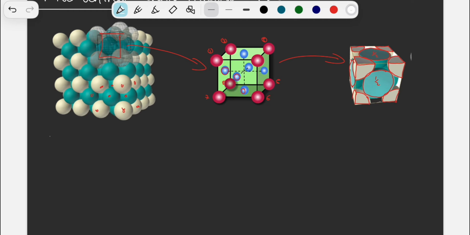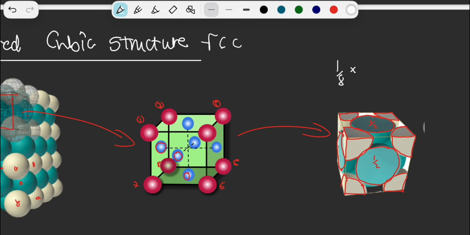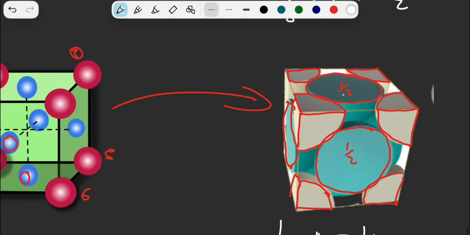Okay. So we're going to start off as per usual. I think you can basically guess where this is going. We can start off with number of atoms. Now, as usual, we have 1/8 at the top times 4, and 1/8 times 4 at the bottom. Then we have 1/2 of this big guy on this face. So 1/2 there, 1/2 there, 1/2 on this side, 1/2 at the bottom, right? So another half on this other side, another half on the back.